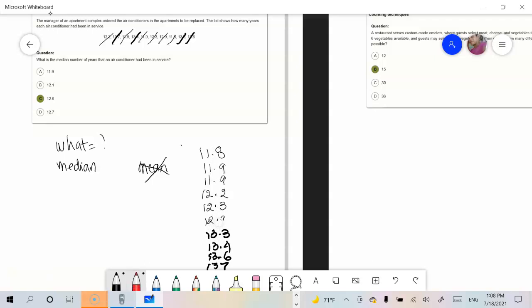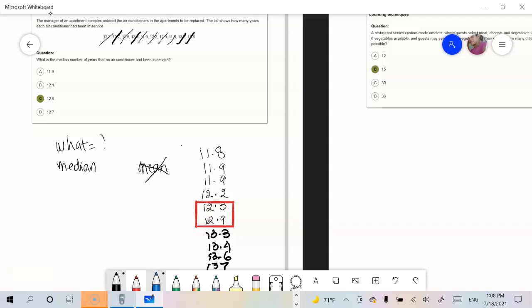Since I have 10 and I need to divide by 2, I cannot divide evenly around a single number. So I'm going to group these two numbers in the middle. Why? Because if I group them, they leave 4 numbers at the top and 4 numbers at the bottom. And that's what the median is. The median is the number that divides the set in 2, okay?